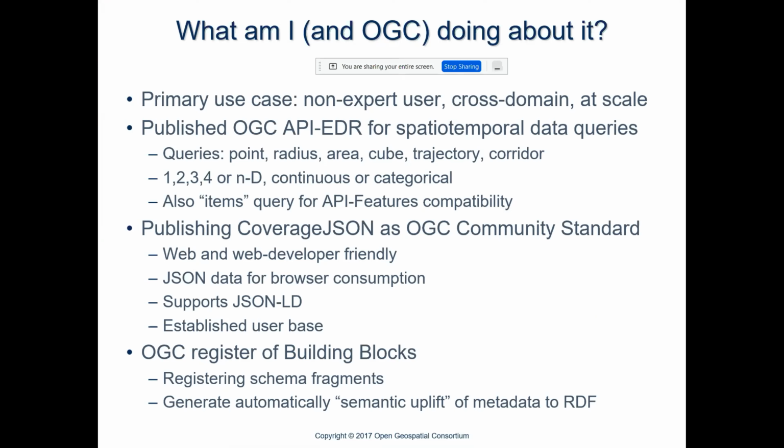So the building blocks I've just registered with the trial register are those queries about how do I get data from a point or an area or a trajectory, along a trajectory, and they may all have their vertical and temporal extents as well, not just the 2D ones, but also a parameter. If I retrieve data, say temperature, surface temperature.